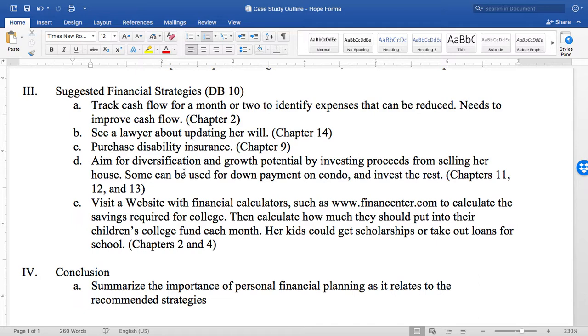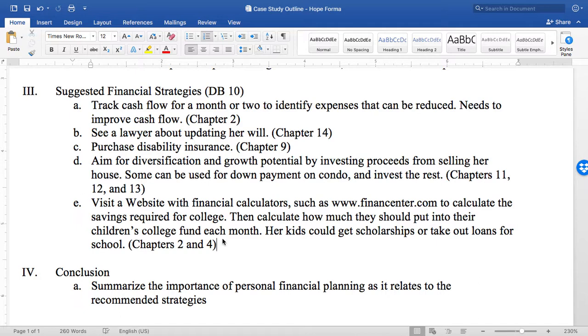And then in terms of her retirement, which is the most important thing in her financial planning, is to diversify and grow the money that she gets from selling her house. Depending on what she gets from her house, which I would calculate what the potential profit is, part of that would go into a condo, and then she can invest the rest in stocks or mutual funds or bonds or what makes sense for retirement.